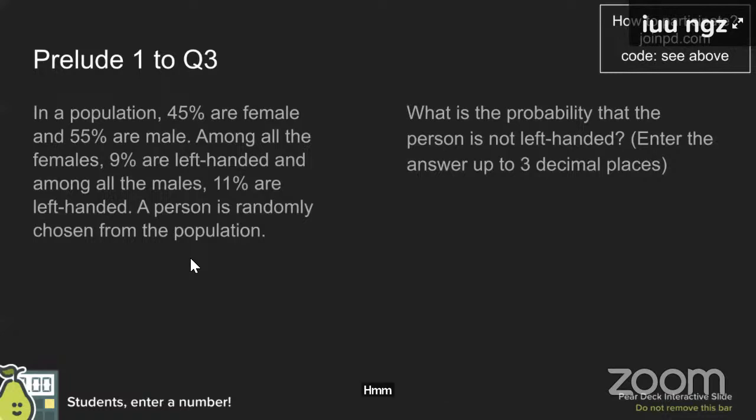Like this, 45% and 55% are two cases. 45% is female multiplied by 0.91, the probability of females, plus for the male, 0.55 into 0.89, and add them. Yeah, that is what we have done. That is not Bayes theorem. That is the law of total probability, what you are saying.